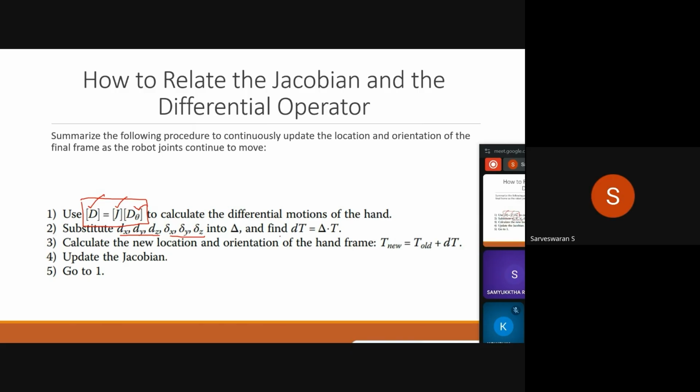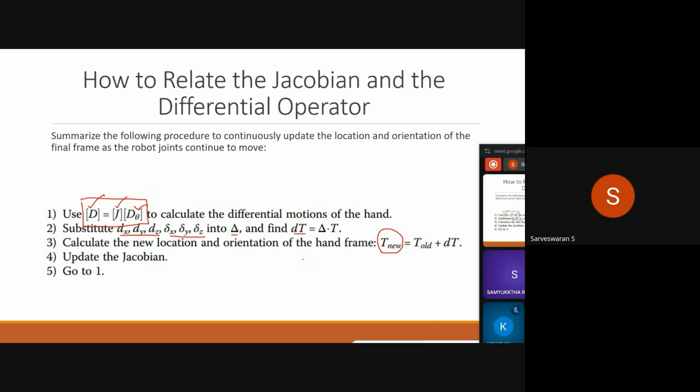We will substitute everything in the differential operator, and we will find out my differential change. With this, we will find out my new position. Initially, the robot will be in position one, and it has to be moved when you provide some differential changes, differential motions, either in the joint velocities or in the end effector velocities.